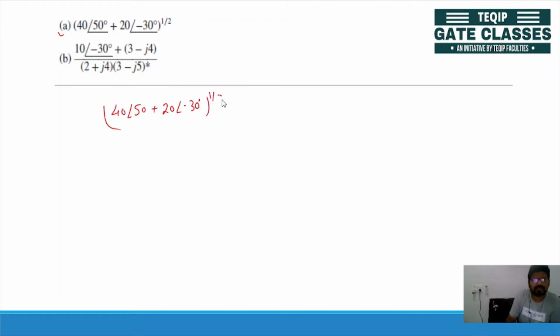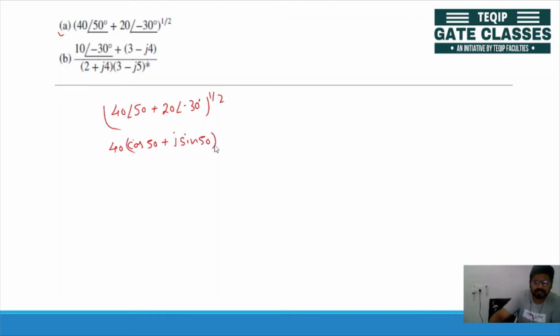We have to take a square root of it. So 40 angle 50, you can write it in trigonometric form as 40 cos 50 plus j sin 50.